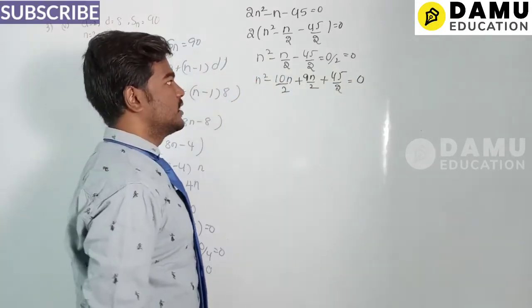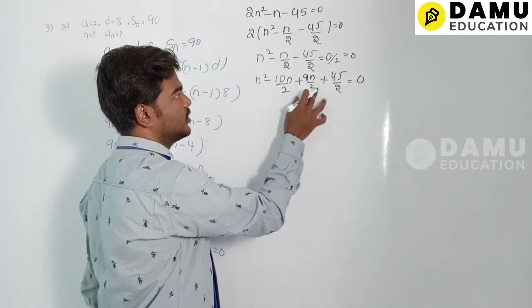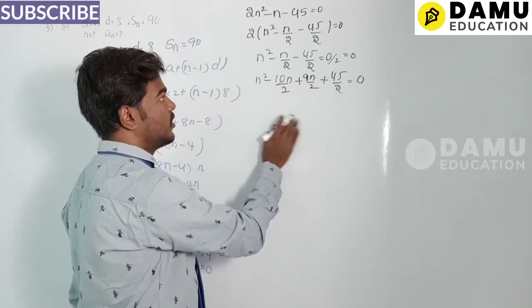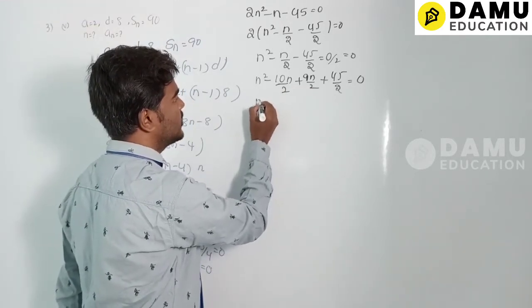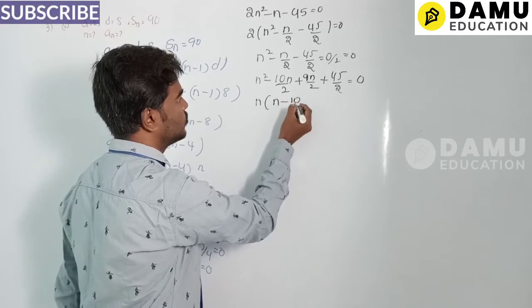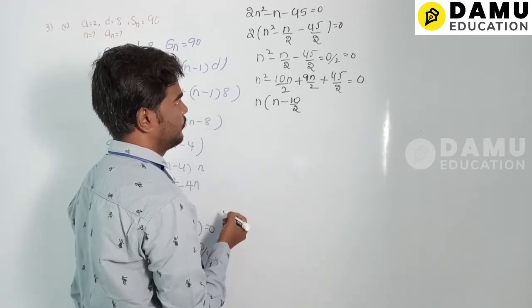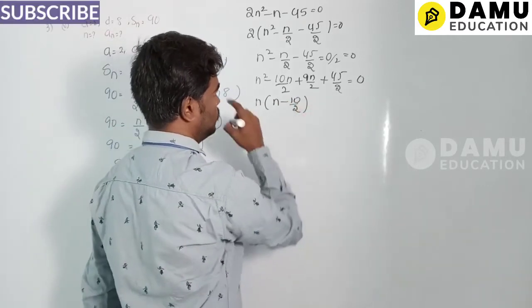Now what can you take common here? With n square, let's take n common: n minus 10 by 2, that is 5. And from the other terms, 9 by 2 you can take common: n minus 10 by 2. Why 10 by 2?